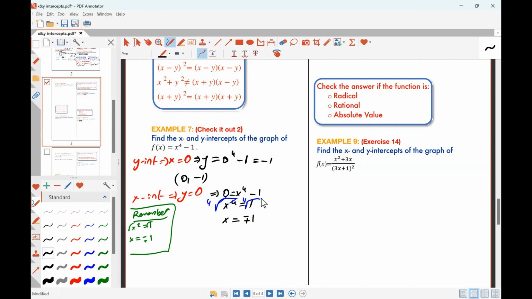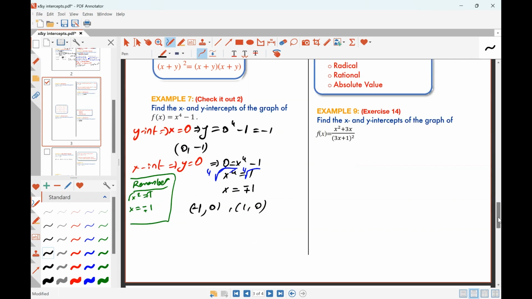The fourth root of 1 is 1, but because of this we have plus and minus 1, just like x squared equals 1. So we have two x values. The points will be 1 comma 0 and negative 1 comma 0.